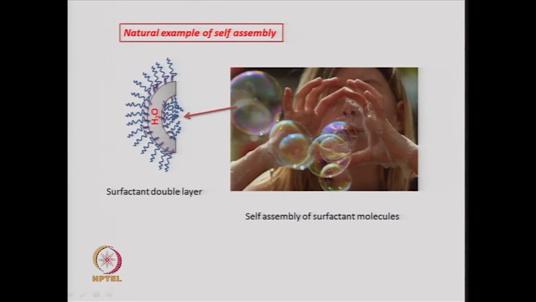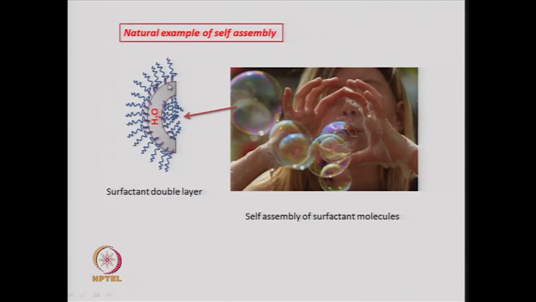In the bubble there is air inside and there is air outside. Typically, the interface between the air inside and the air outside is explained as shown here, where you have the polar head groups pointing inwards and the tails pointing outside. Here, outside means outside the interface, but actually they are pointing inside the air bubble.